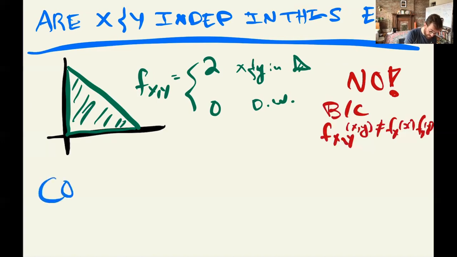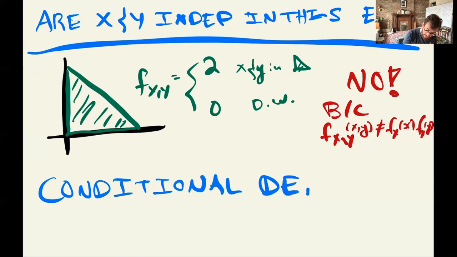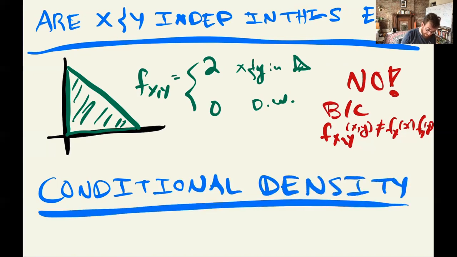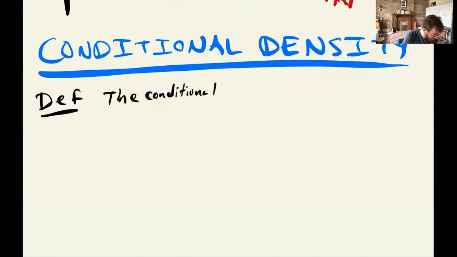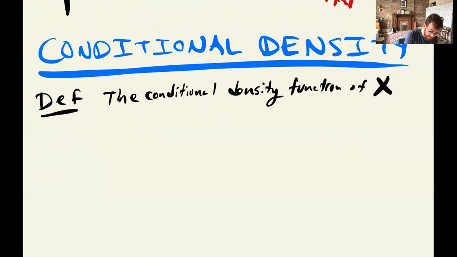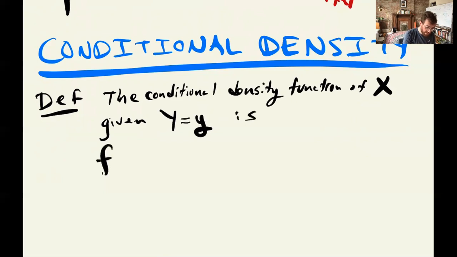All right, so how is this defined? The conditional density function of x given that y equals some value little y is sometimes denoted by f of x conditioned on y, little x conditioned on little y.